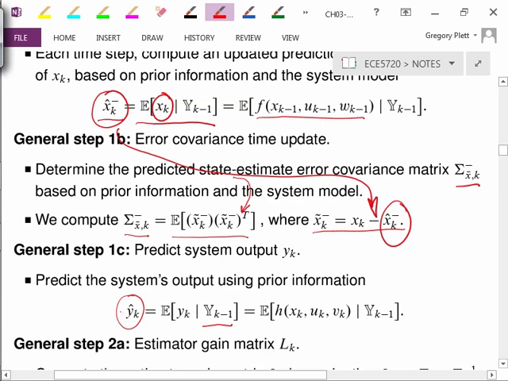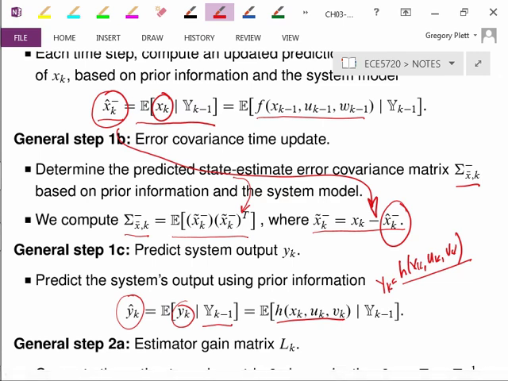And we are aided by knowing that our model is y_k equals h of x_k, comma u_k, comma v_k. That was our output equation or measurement equation of our model. So to find the expected value of y_k, I substitute in the model equations. Once again, to go any further than this, we would have to know more details about what h is. So we defer that to later sections.